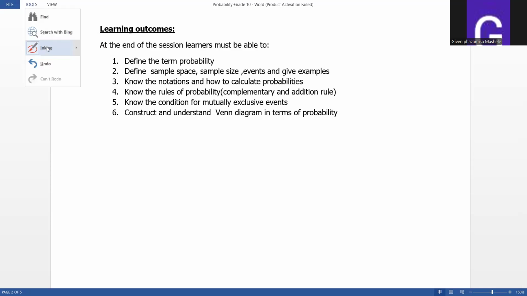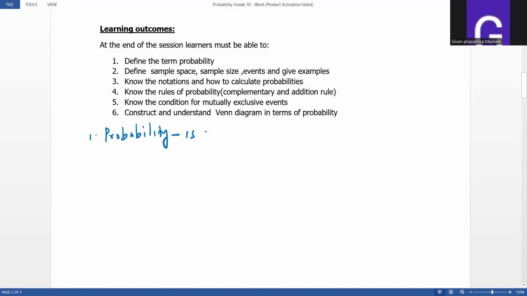Number one, you need to be able to know what is probability. Probability is defined as the likelihood, or you can say the chance, of an event to occur.